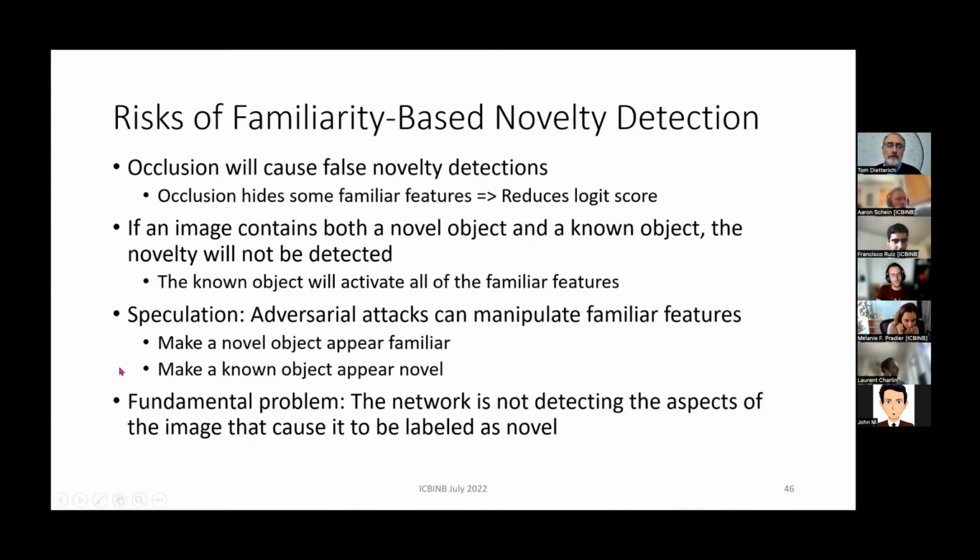We haven't verified this, but it's pretty likely that adversarial attacks could raise the activations of familiar features so that a novel object would escape being detected, or could take a known object and push down the activations of familiar features to cause a false alarm. So I think these are the risks of familiarity-based novelty detection.